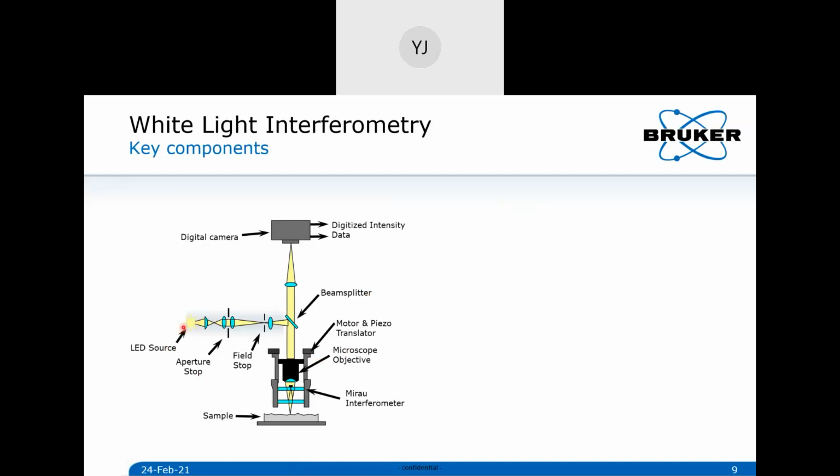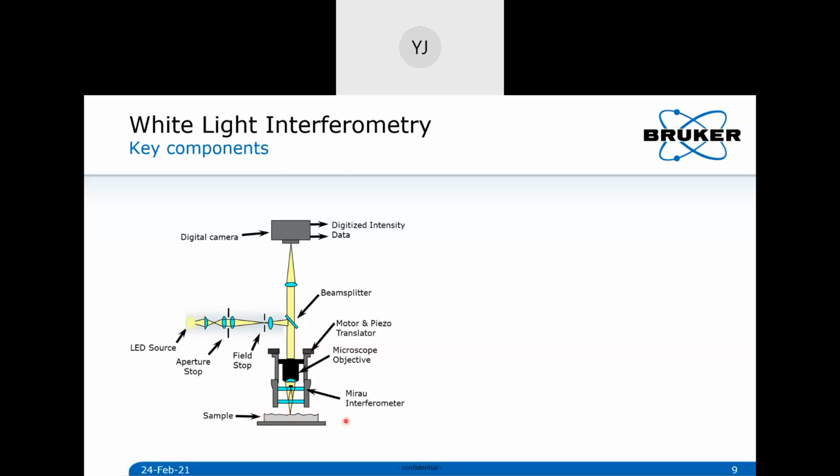What you need to start with is a light source, typically an LED. You send this light to the sample, and on the way to the sample, some part of the light is sent to a reference mirror, which is this small black dot you see here. There will be a path difference between the light that travels to the mirror and the light that travels to the sample, because of the sample roughness itself.